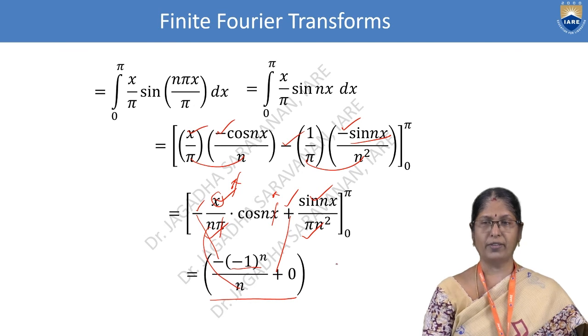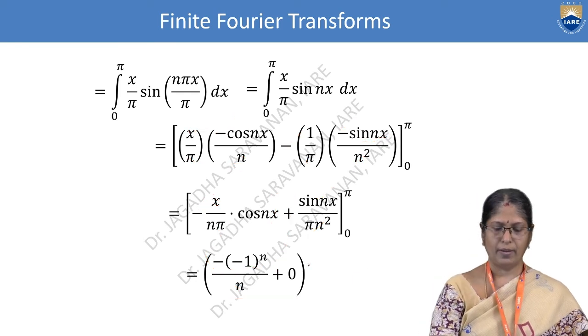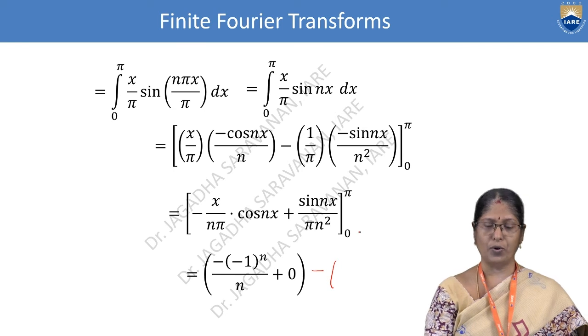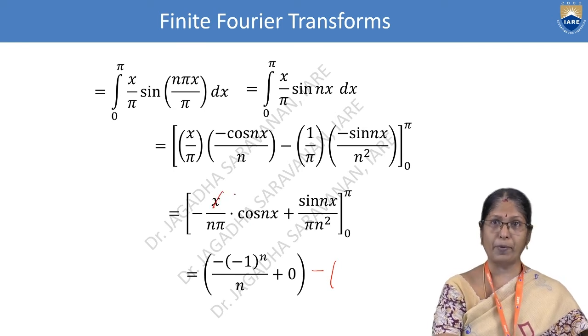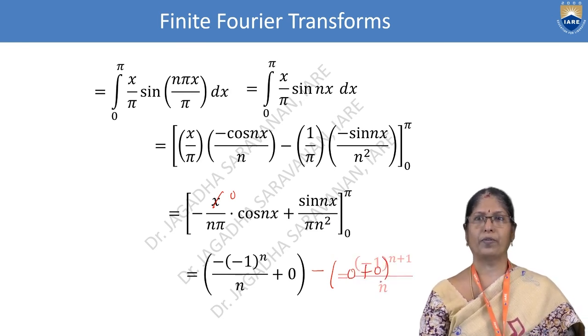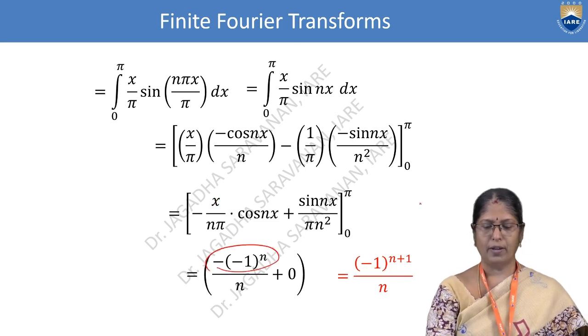The lower limit is not written, that is minus, it is 0, that's why it is neglected. That is formula minus. The lower limit is 0, x is replaced by 0, 0 into anything is 0, sin 0 is 0. So for the simplification, the minus is written as minus 1 power 1, and minus 1 power n.